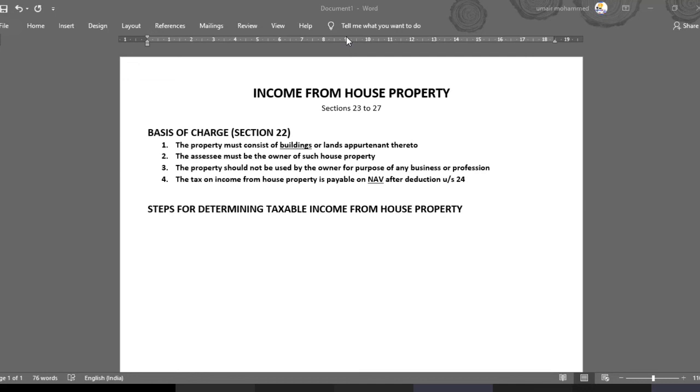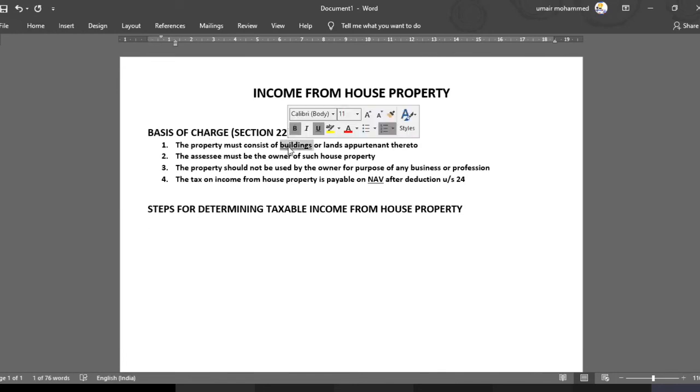So if you are an owner of house property, when you say house property, don't assume it as a house. The first point is that the property must consist of a building. Does it say the property must consist of a house? It doesn't, even though the title of this chapter is Income from house property.